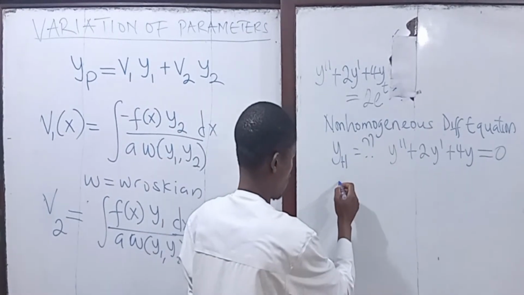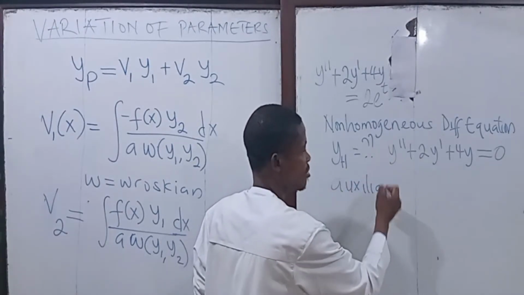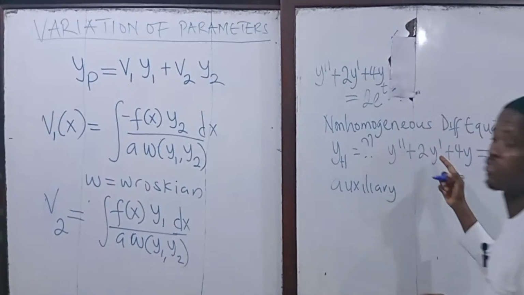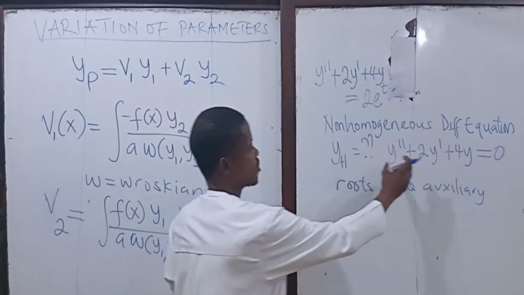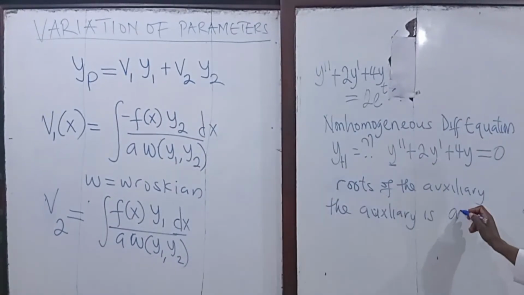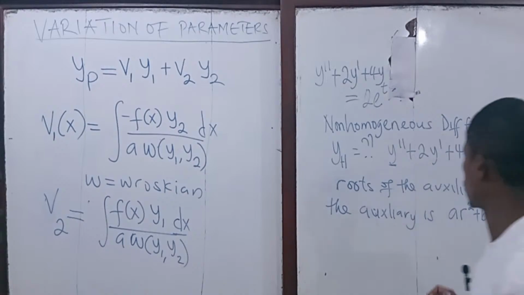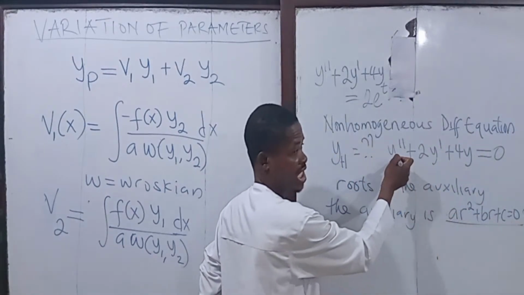Then you now get the auxiliary equation of this homogeneous differential equation. The auxiliary equation is a r squared plus b r plus c equal to 0. So you now correspond these standard equations with your differential equation.